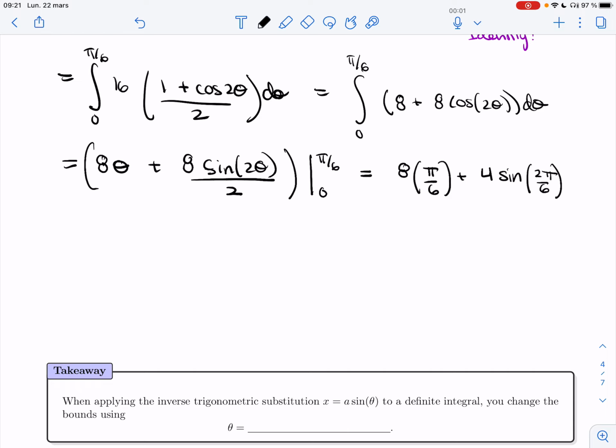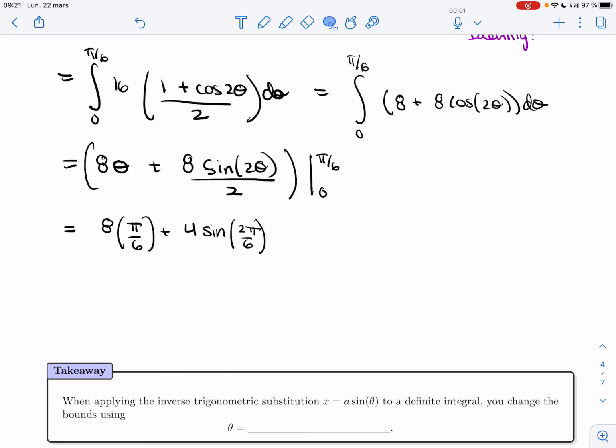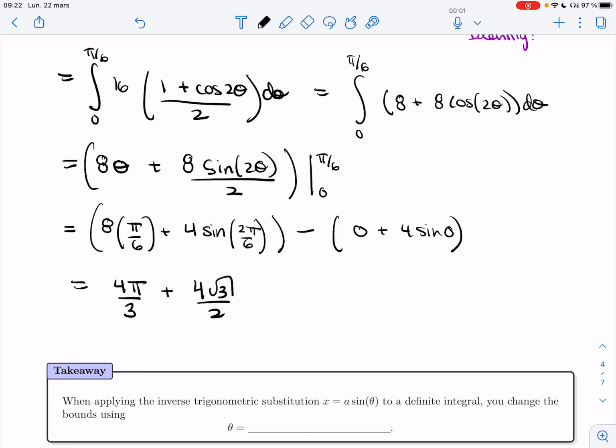So that's at pi on 6. At 0, I get 0 plus 4 sine of 0, which is 0 as well. So I'm getting 4 pi on 3, and then sine of pi on 3, that's root 3 on 2. So I'm getting 4 pi on 3 plus 2 root 3.